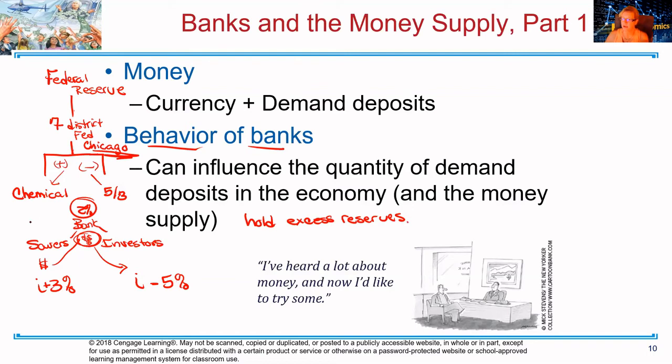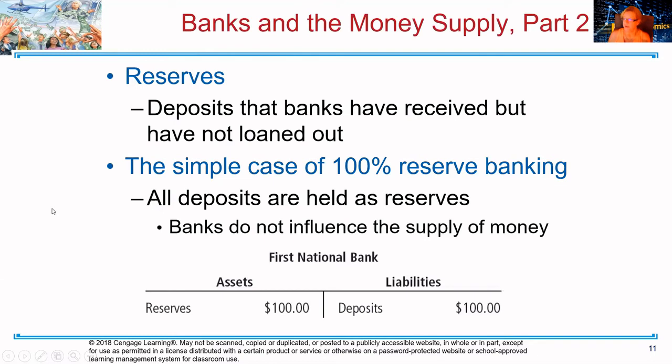They're kind of keeping a stockpile, a safety net, if you will. And we'll talk more about that in a moment. Okay, so how do banks influence the money supply? One reason is because they can have excess reserves, or they can loan those excess reserves back out.